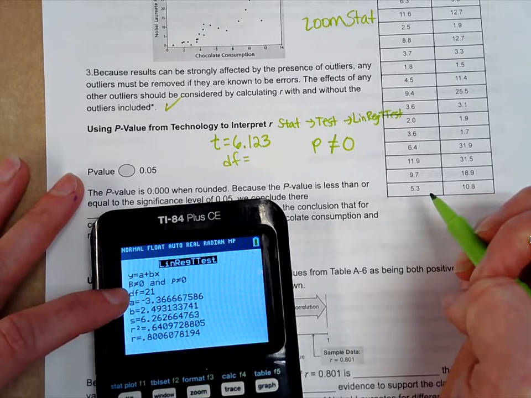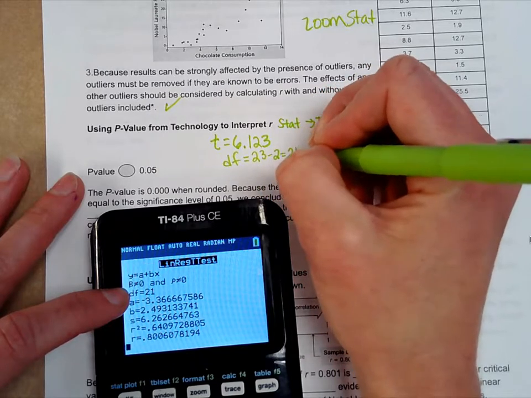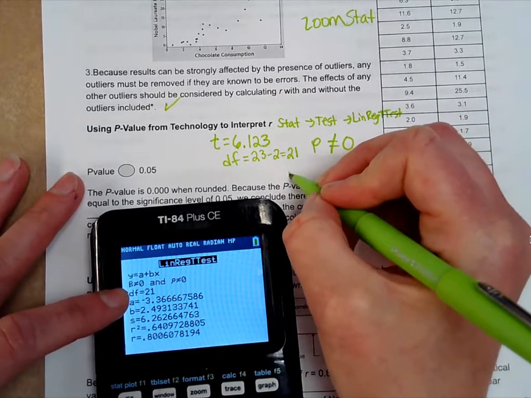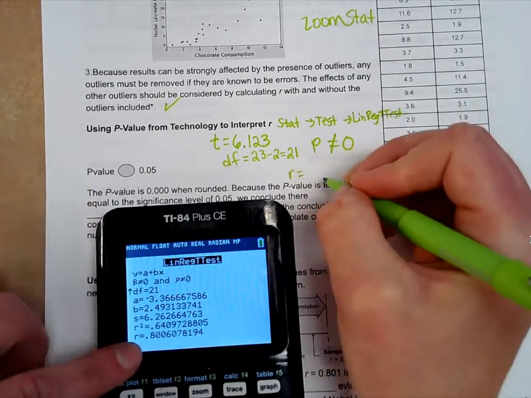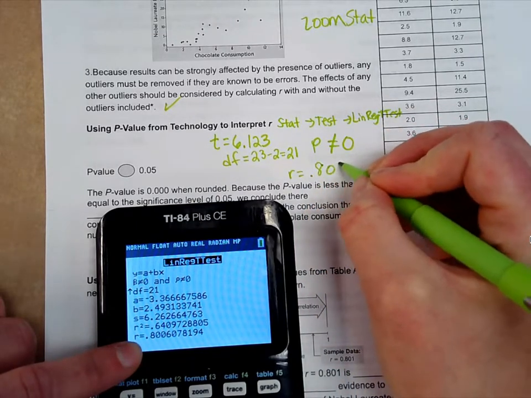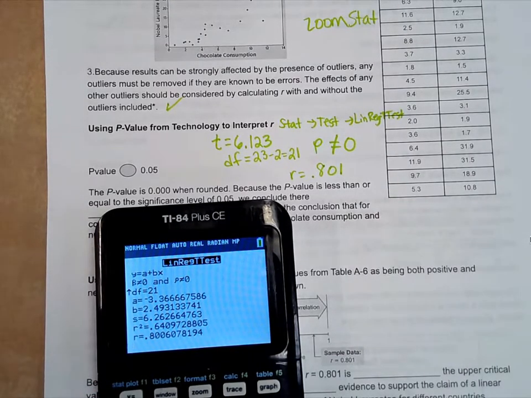So our degrees of freedom is 23 minus 2, which is 21. Let's also look at R. R is 0.801, because remember we're supposed to round to 3 decimal places. We're not going to worry about anything else right now, just those things.